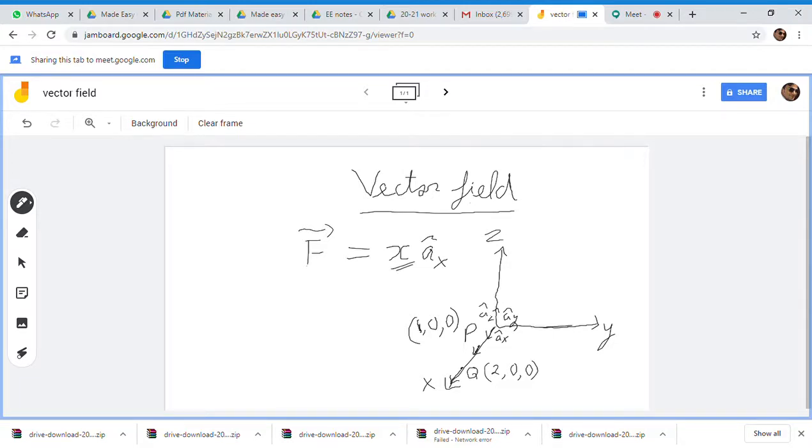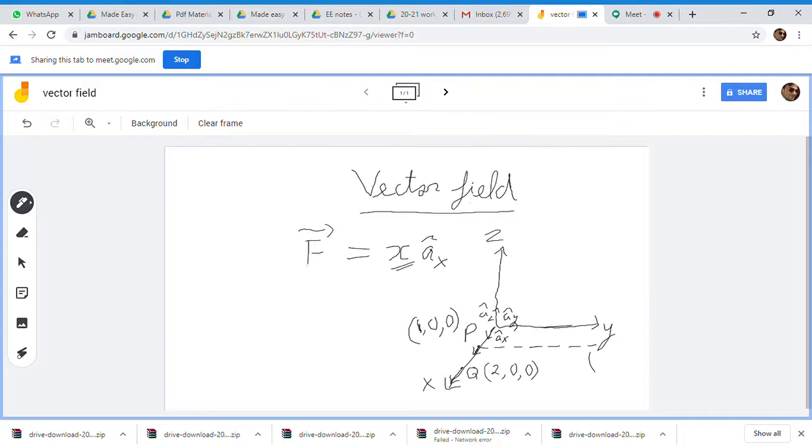Similarly, in this whole space region, whatever the z and y coordinates are, this field vector will only depend upon its x coordinate. So if we take this line, which is parallel to y, here only the y coordinate is changing, not x.